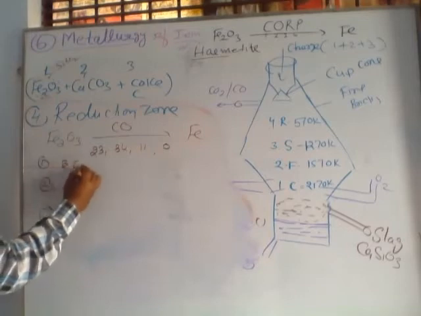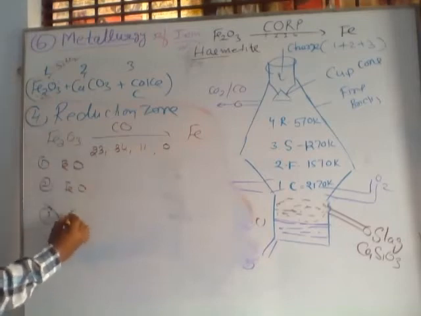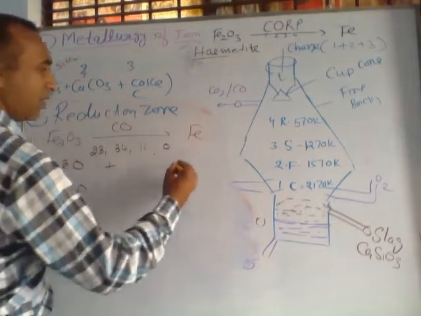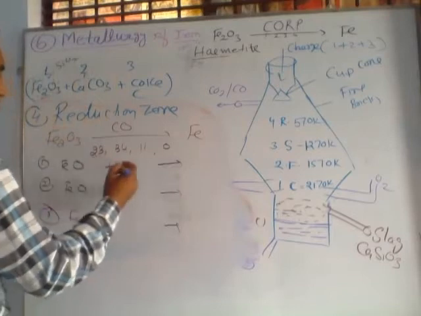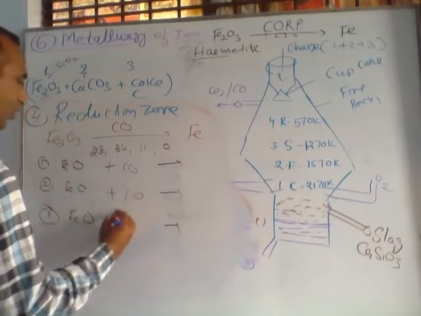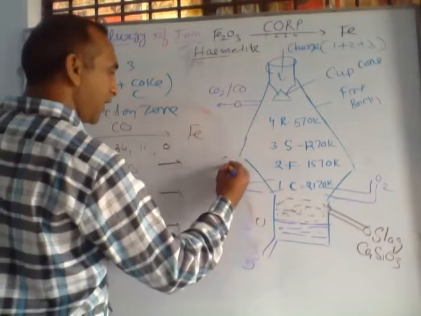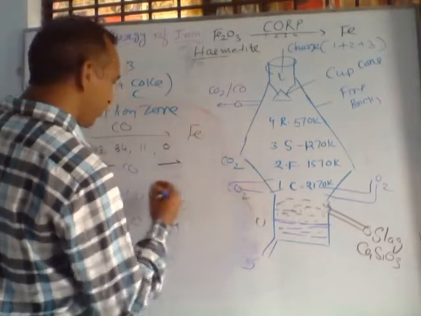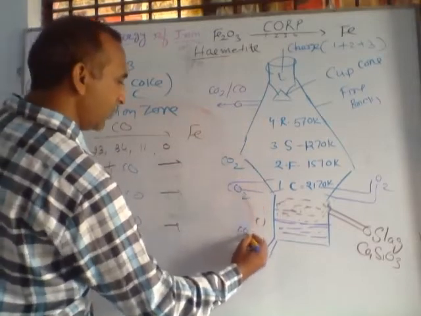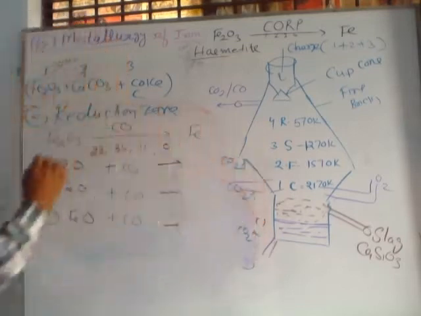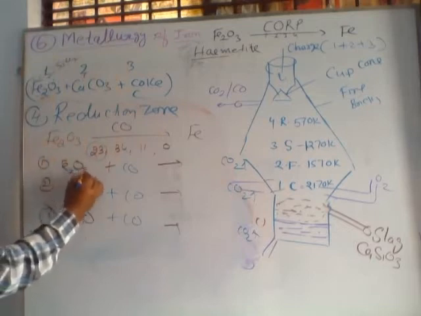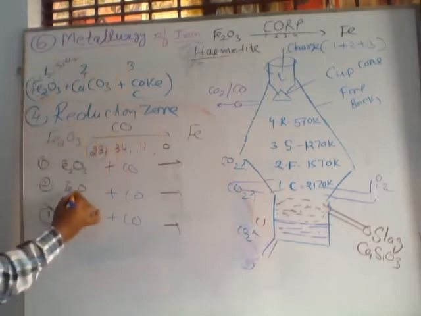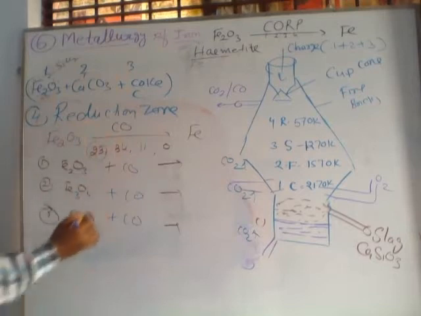First, I am writing FeO, FeO, FeO, and after the reaction I am writing CO, CO, CO, and finally all the CO, carbon monoxide, will form CO2. Listen. So here first 23 means 2 and 3, 34 means 3 and 4, and 11 means 1 and 1.